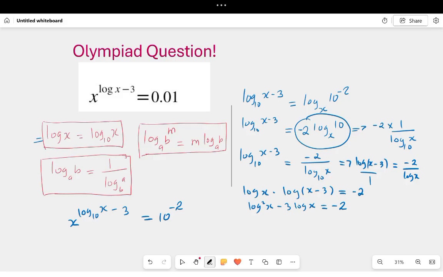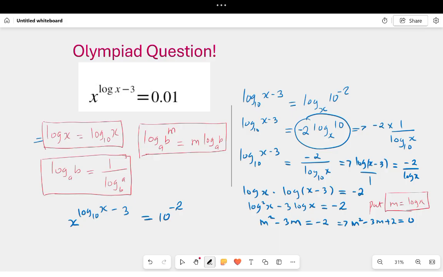At this step, let's put m to be equal to log x. Therefore, over here, we are going to have m squared minus 3m, which equals negative 2, and therefore m squared minus 3m plus 2 equals 0.